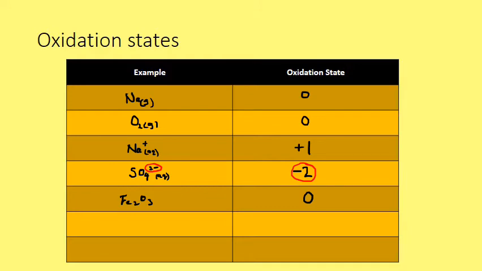So getting towards the end, let's have a look at combined oxygen. This is oxygen that has reacted with something, so let's use Na2O, for example, sodium oxide. We're just dealing with the oxidation number of the oxygen in this compound, and the oxidation number of combined oxygen is nearly always -2.